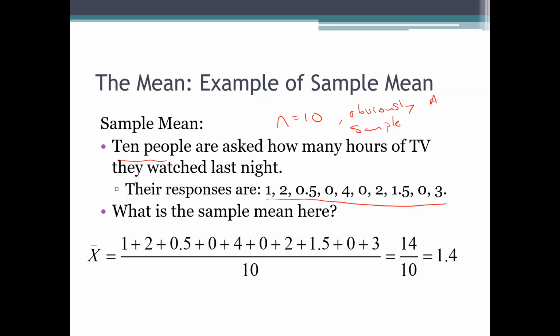Did more than 10 people in the United States watch television last night? For sure more than 10 people did. So this is just a sample. It's not a list of all the possible values you could have. Because it comes from a sample, this is a statistic.